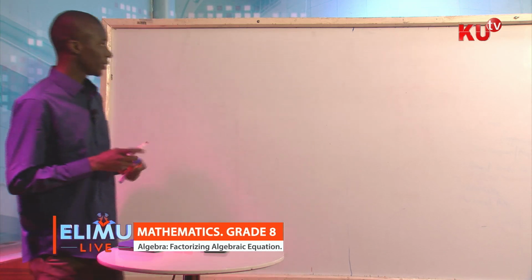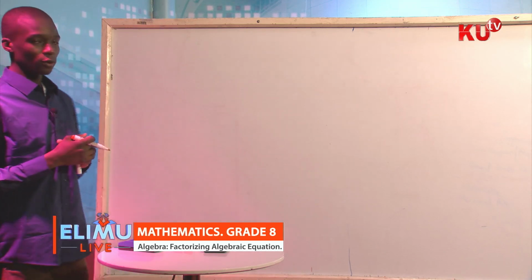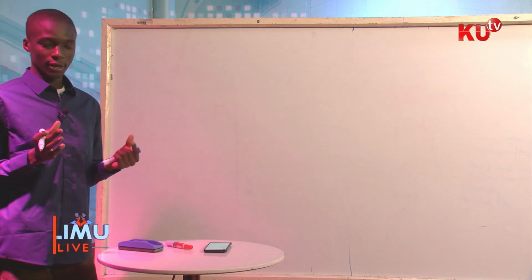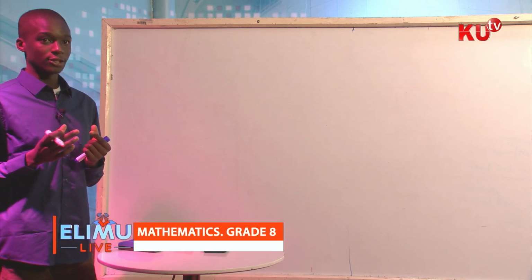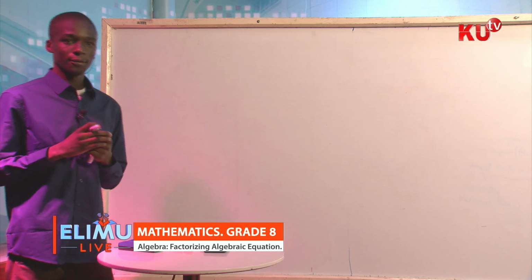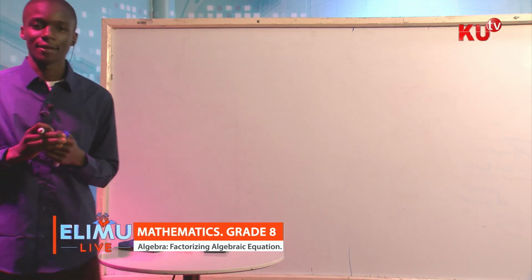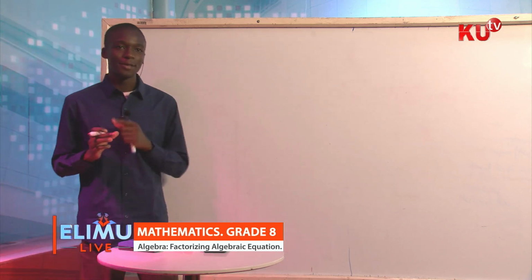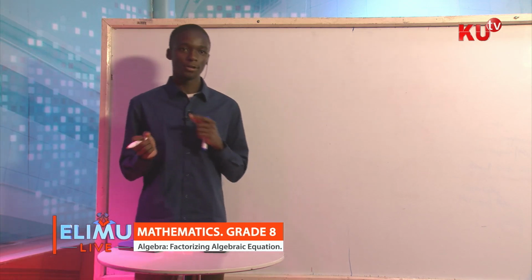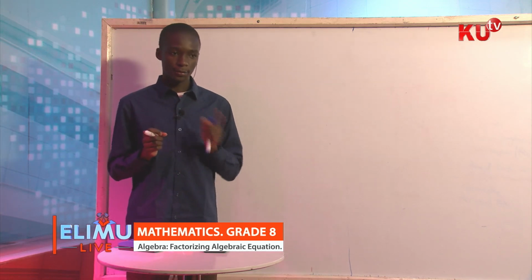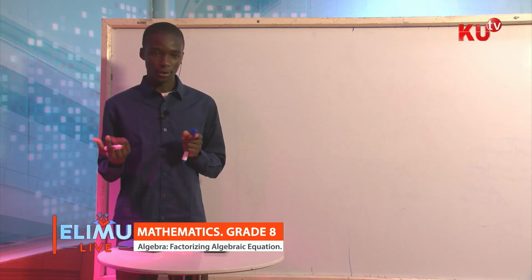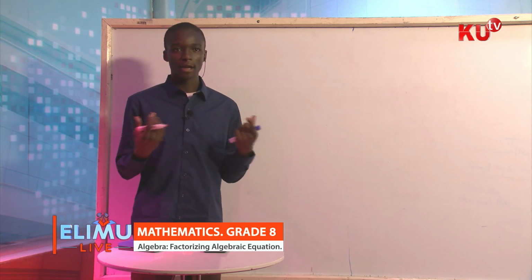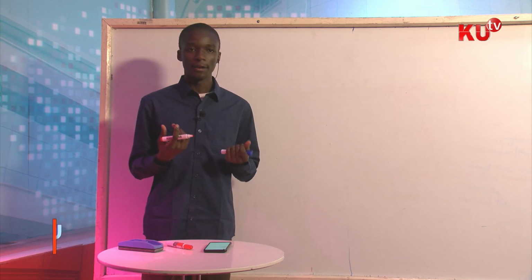To begin with, back in grade 7, we looked at the difference between an algebraic expression and an algebraic equation. By now, I expect you to be able to tell the difference.